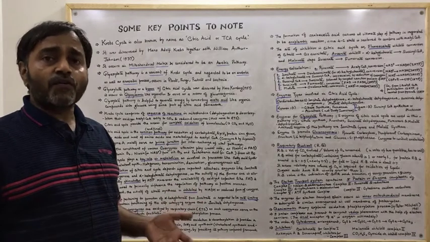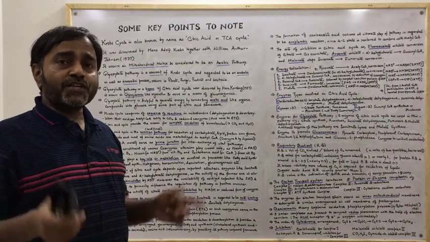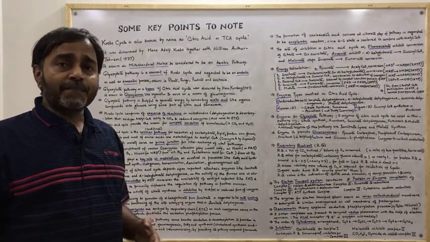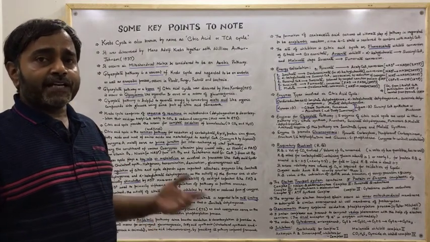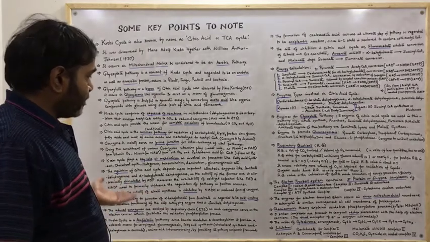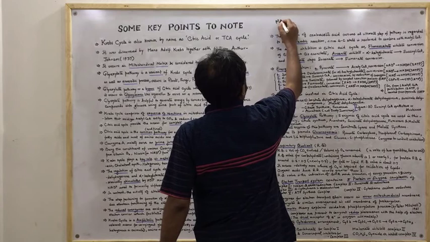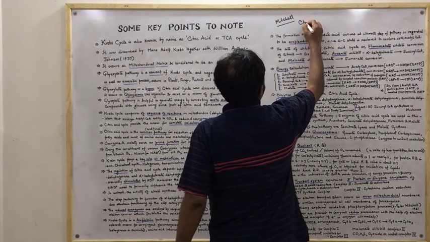That's why the synthesis of ATP in the presence of oxygen is regarded to be the oxidative phosphorylation process. And you might have heard about the chemiosmotic theory which was given by Mitchell, and it explains this entire phenomenon. So the name was Mitchell. He gave chemiosmotic theory.